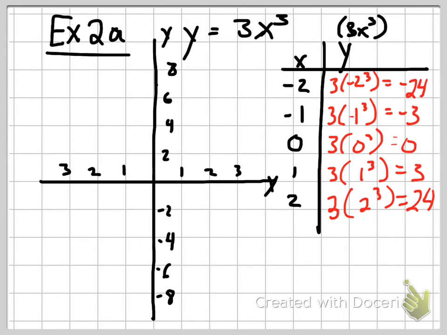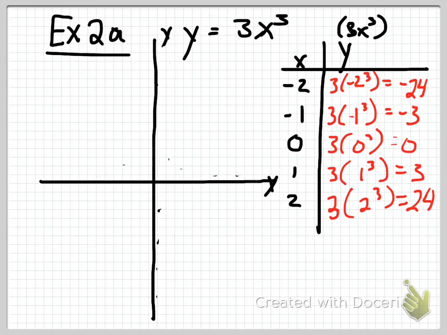So I'm going to actually adjust my y values here so you can see it on the graph. I need to get up to 24. Let's see, I'm just actually going to switch to smaller graph paper to solve my problems.